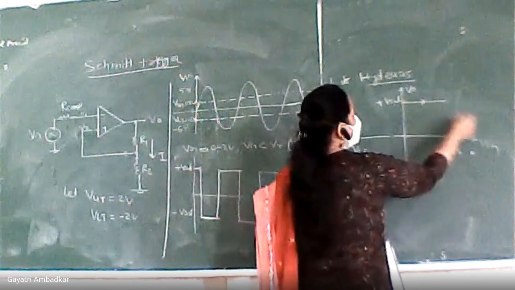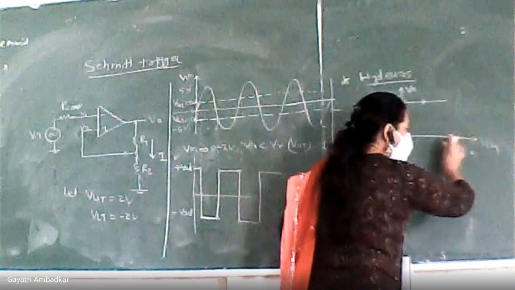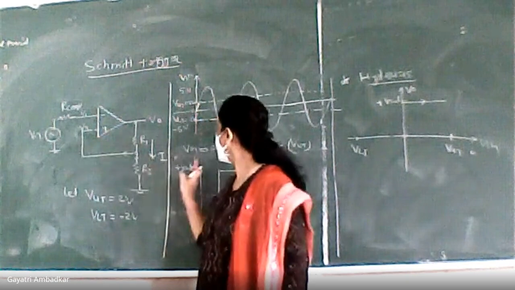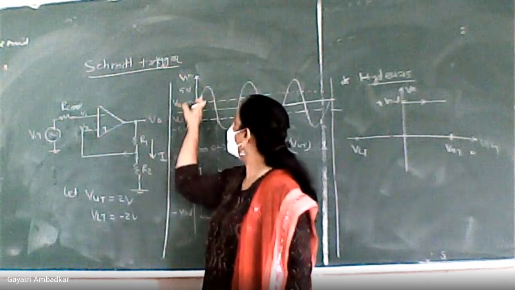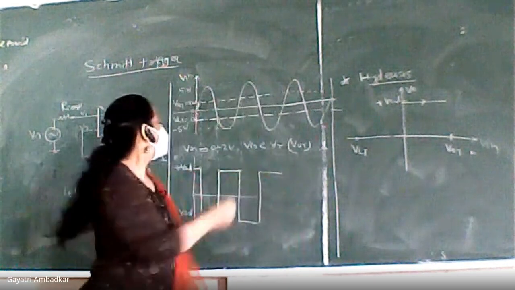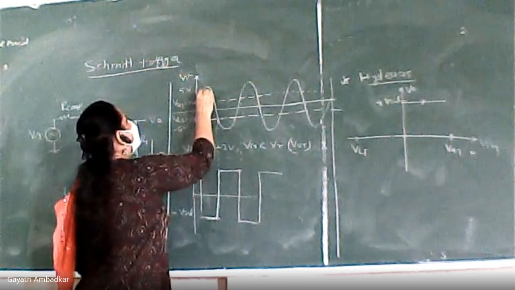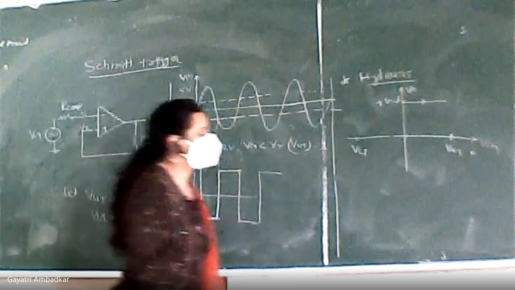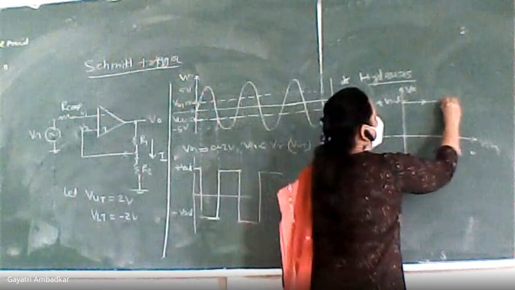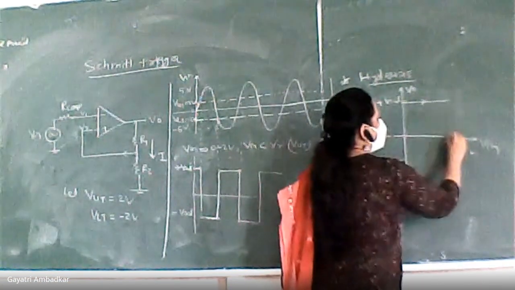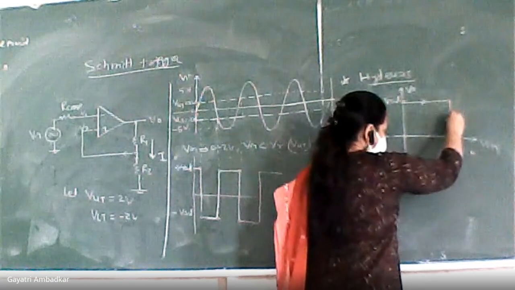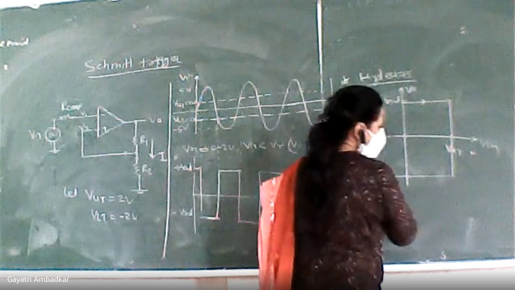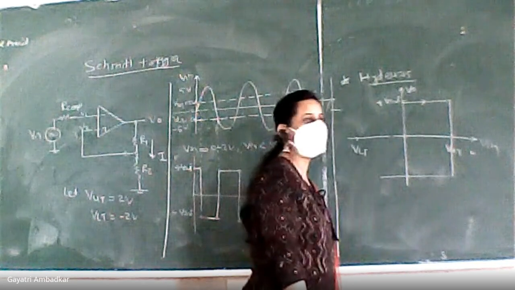When your input voltage tries to become greater than VUT, input voltage has exceeded the threshold for this portion. What is output for this? Minus Vsat. So what will happen? Moment it starts exceeding exactly at VUT, output will switch to minus Vsat. See how I have drawn.